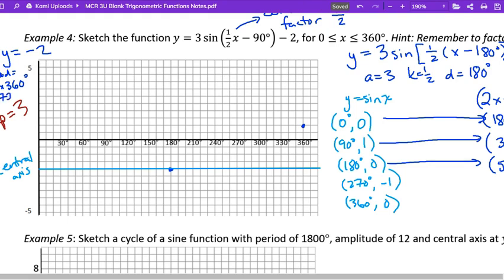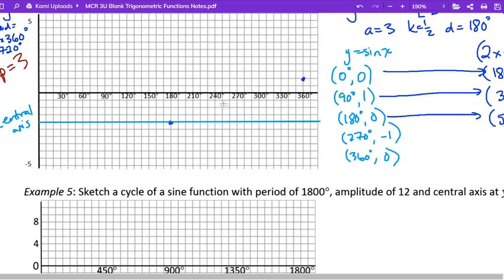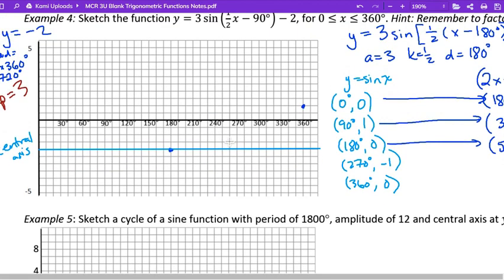That means our period is 720. And so if our period is 720, we break up our function into 4 pieces. And that means that every 180 degrees, there is a change in the function.